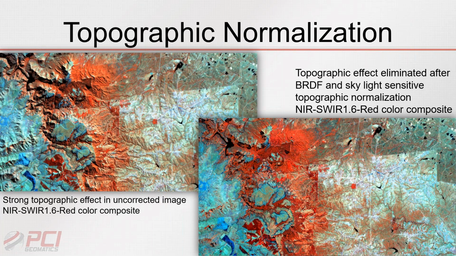Topographic normalization can take this into account. What you see on the right is a topographically normalized Landsat data set that has taken into account the slopes. So if we generate this data over time, this is really going to help us with our analysis to be able to generate better measurements.